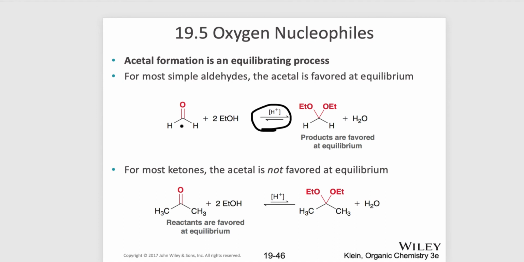Another way of looking at this is that a carbon-oxygen double bond is going to be replaced with two carbon-oxygen single bonds, in which the ethyl group over here is going to show up in the acetal. So that's for pattern recognition. For most ketones, the acetal is not formed at equilibrium, and that's expressed over here.